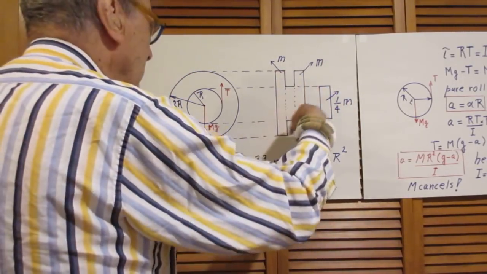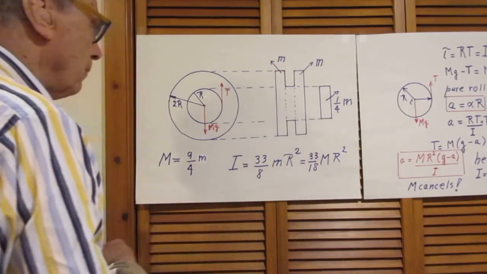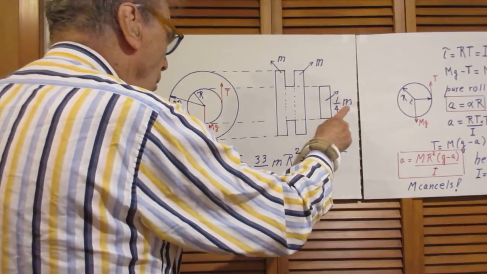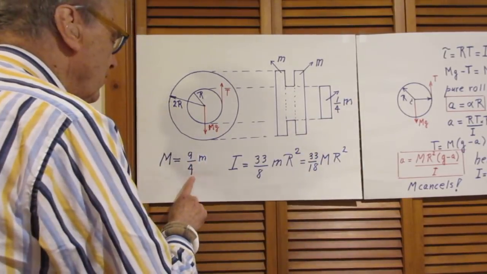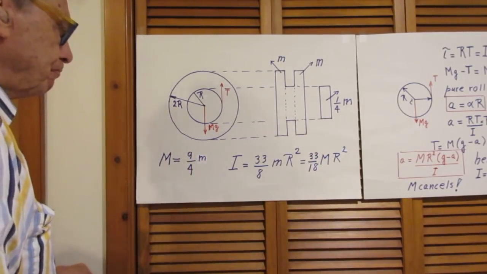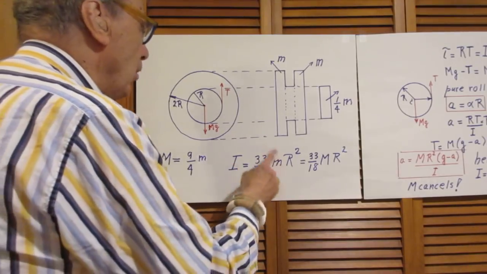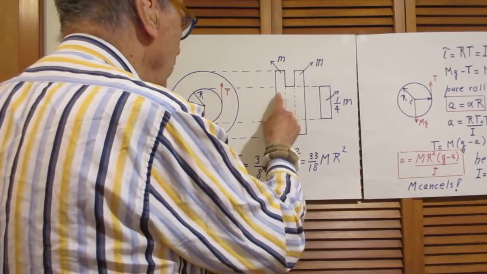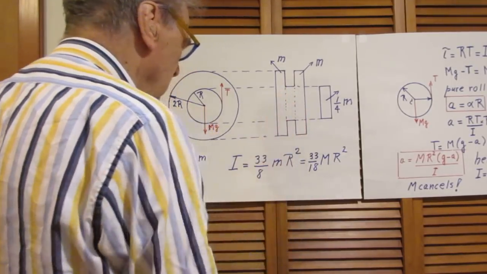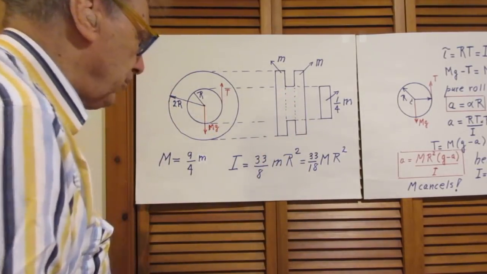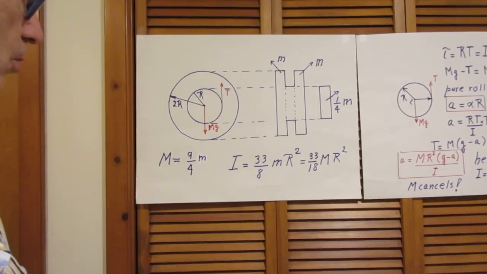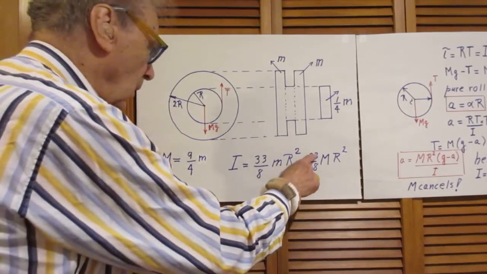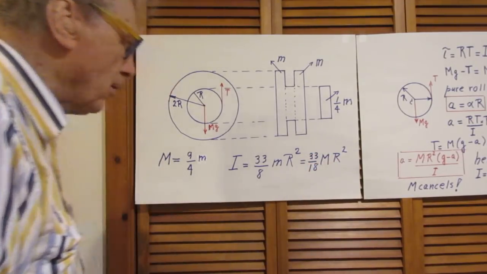So the total mass of this unit is m plus 1/4 m, which is 9/4 of little m. And the moment of inertia is the sum of the individual moments of inertia of these 3 discs. That comes out to be 33/8 little m r squared. And if you write it in terms of capital M, you get 33/18 M r squared.